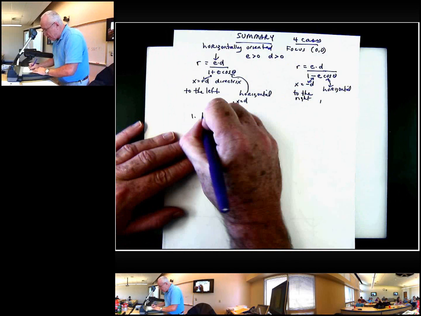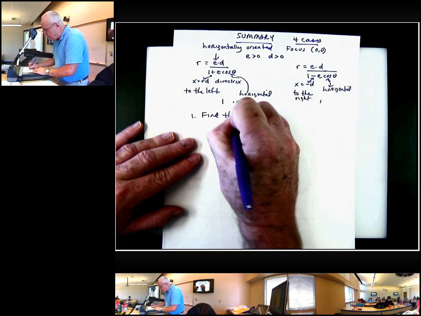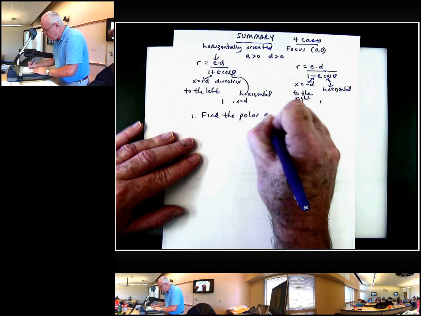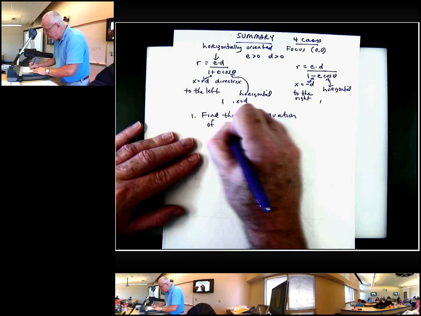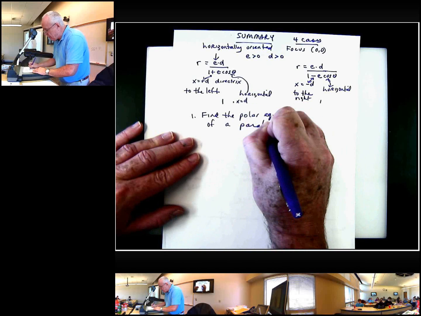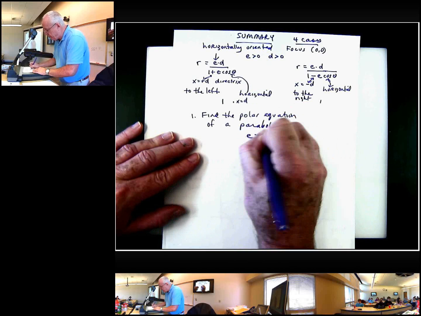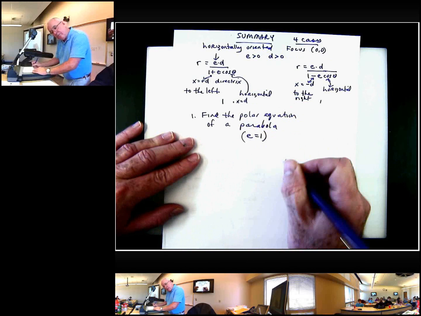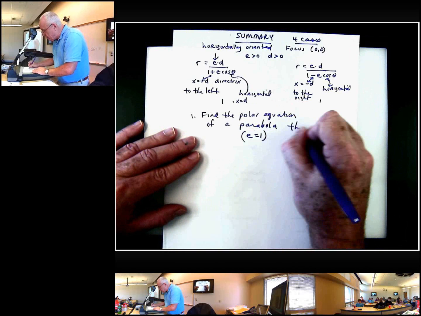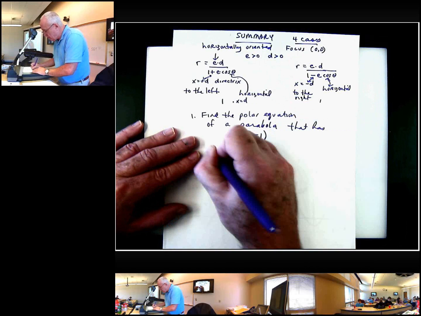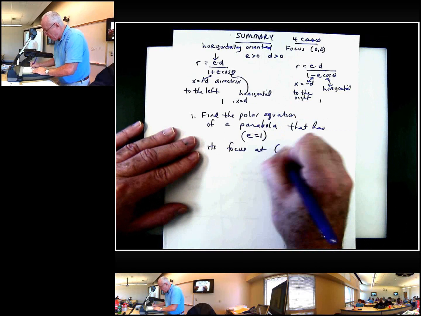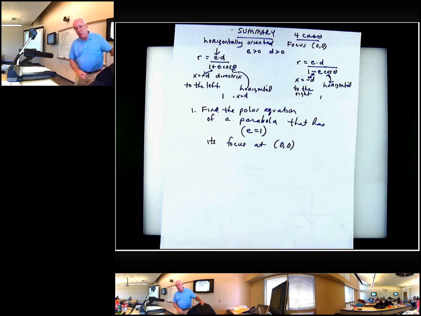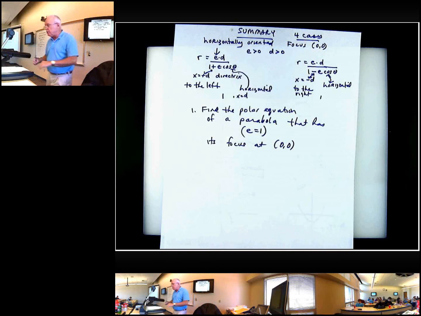1, find the polar equation of a parabola. So right there, you know that E is equal to 1. That has its focus at 0, 0. And that's where we've had for all of these problems, we have that as the focus.